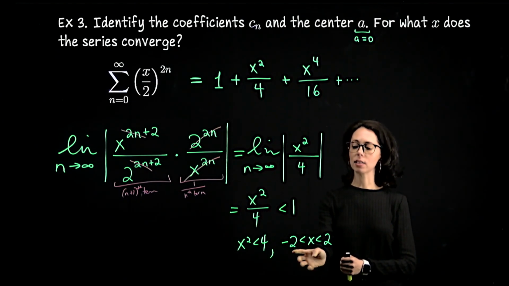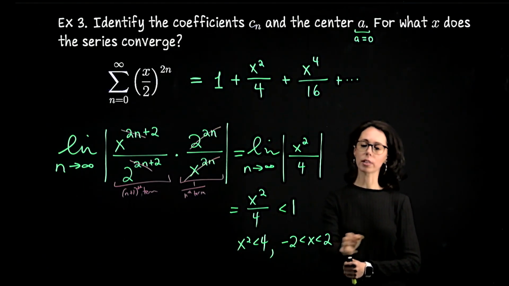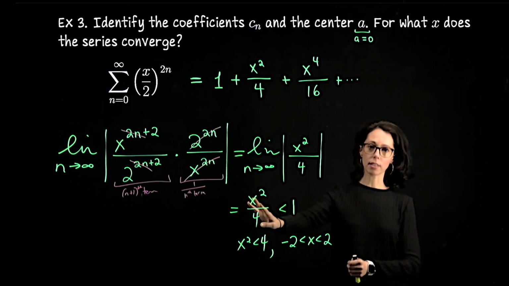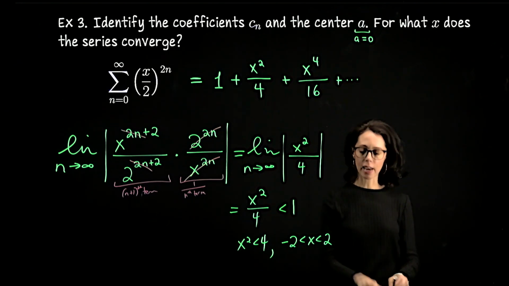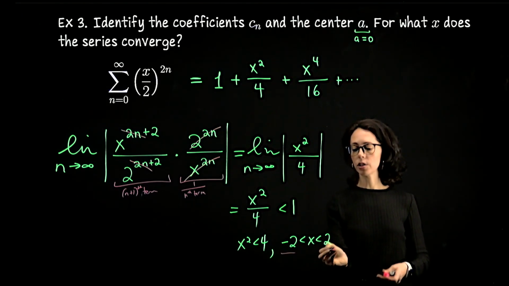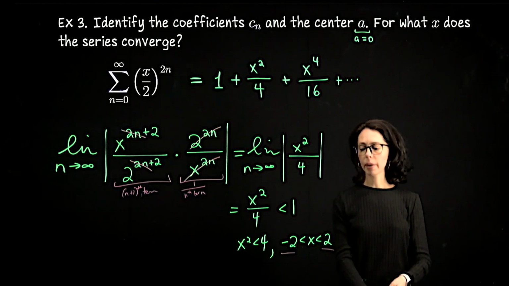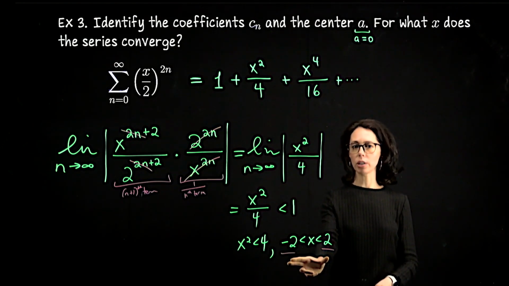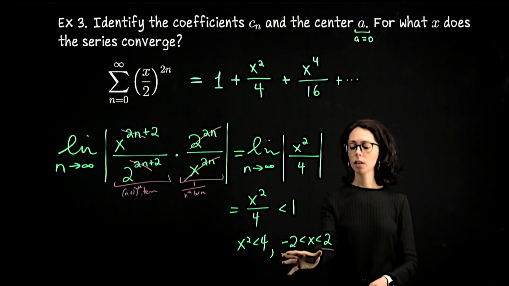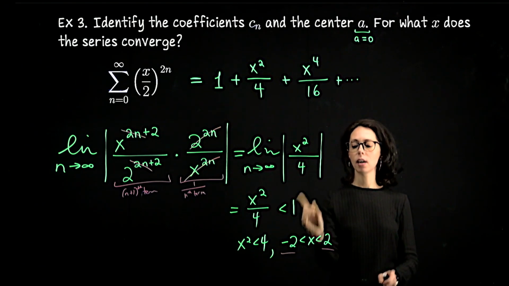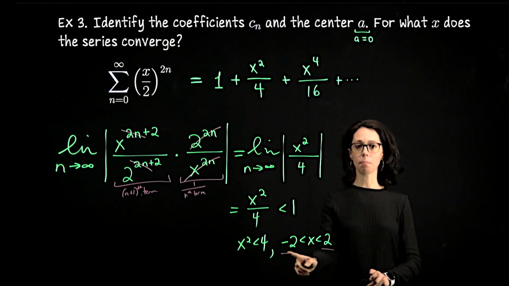And if x is to the left of -2, so more negative, or if it's greater than 2, we get divergence. So we need to test -2 and 2 manually, because these are the two values for which the ratio test is inconclusive. We will manually check these, knowing that we have convergence between them.